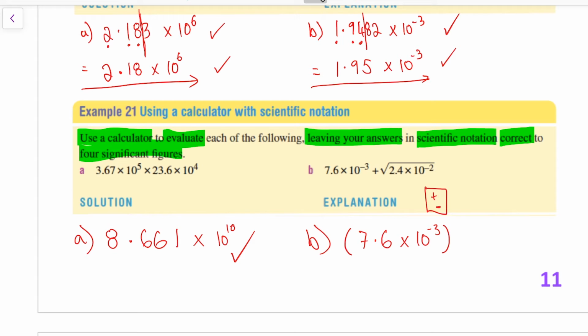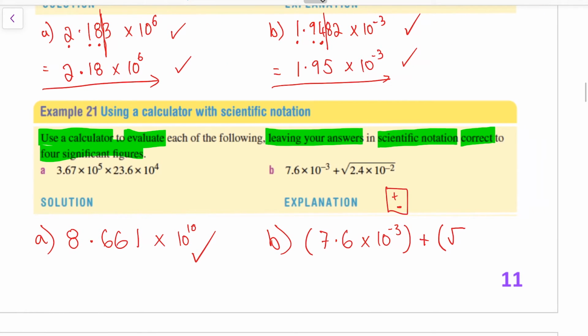Once you've got those brackets into play and everything that you need in that, you then put your plus sign, open up another bracket. Put your square root button in and open up another bracket there, because everything inside of the second bracket needs to get square rooted. So the 2.4 times 10 to the negative 2, close that bracket.